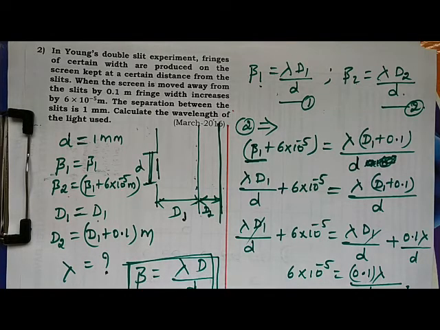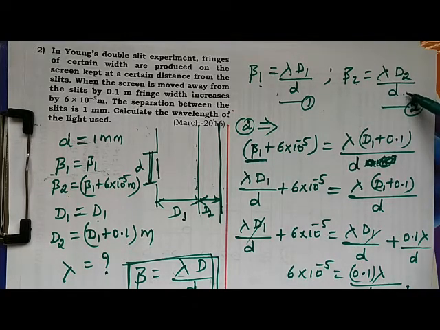So thereafter we find that distance, which we have calculated here. Here beta is equal to lambda D divided by d, that means the wavelength of the light we need to find. That is the reason why we have selected this equation number 2.